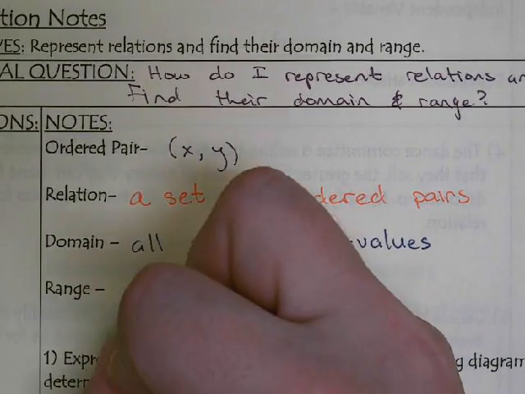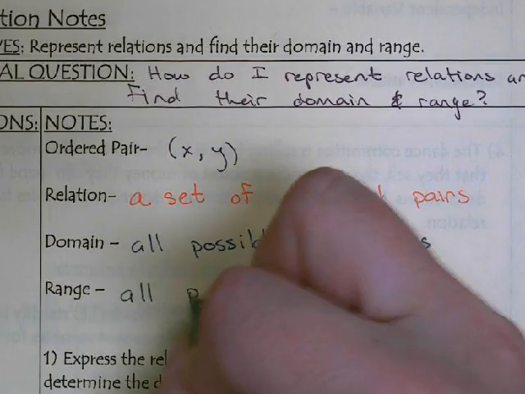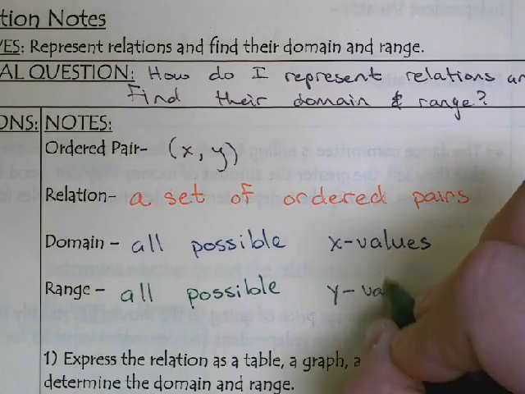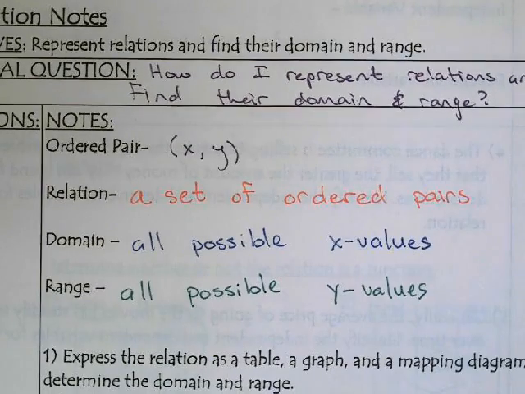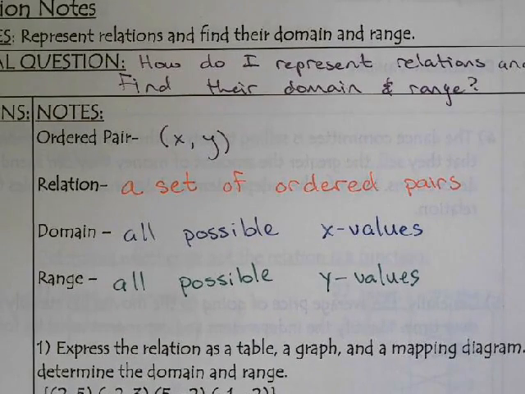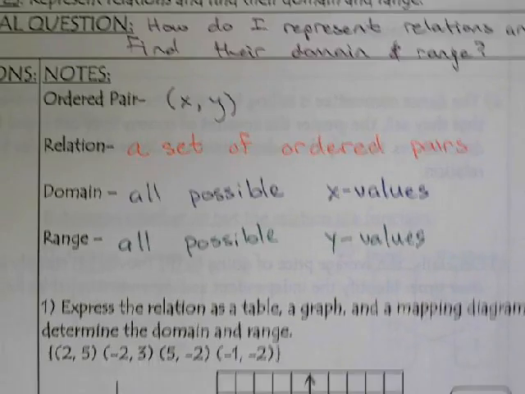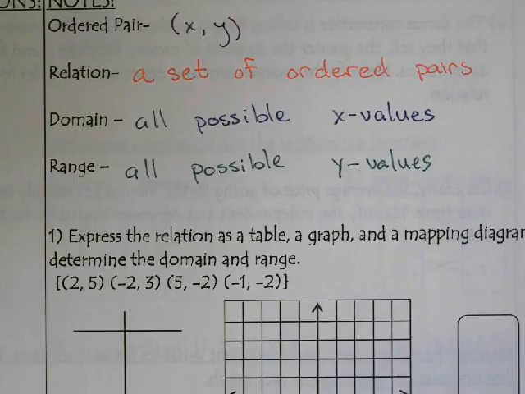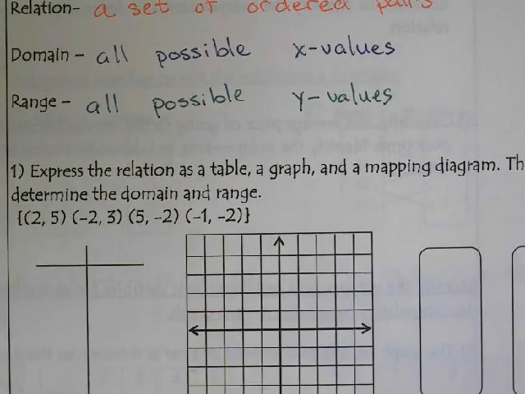All possible y values. So this stuff is pretty straightforward. There's a lot of listing, a lot of plotting. There's not much addition, subtraction, multiplication, or division. It's really getting comfortable with definitions and vocabulary.